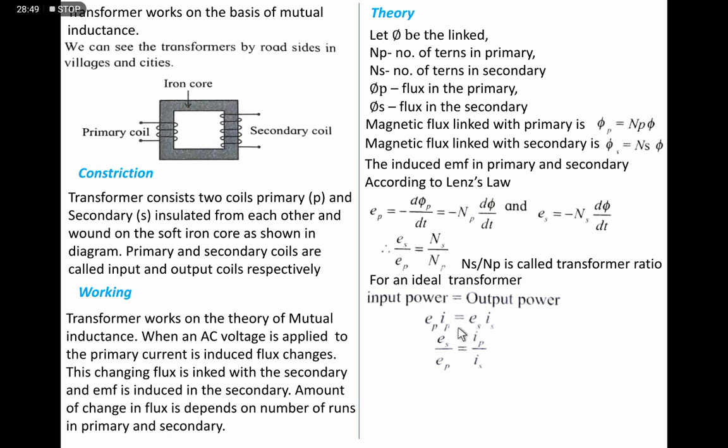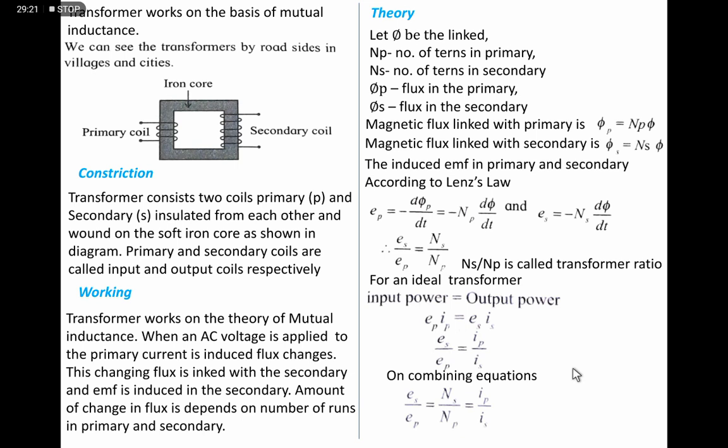Now again, compare these two equations and we'll write one combined equation, that is ES by EP is equal to NS by NP is equal to IP by IS. This is the transformer equation, a very important part.